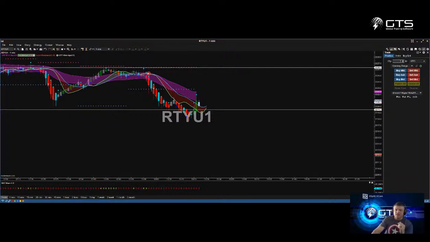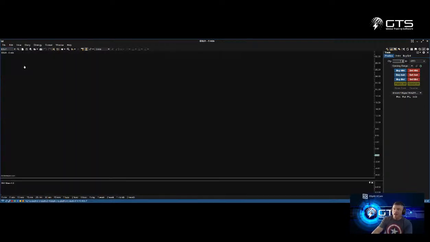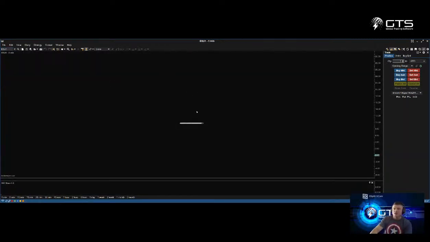I mean, let's look at the ES, for instance, from earlier. There was a massive high volume reversal on the ES earlier, and that was right after a 6-star. The 6-star pops up, it flushed, and then the next candle shot it right back up all the way.